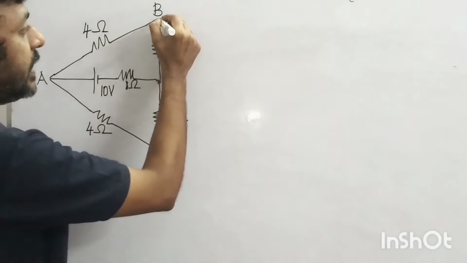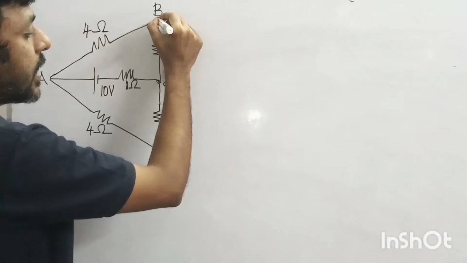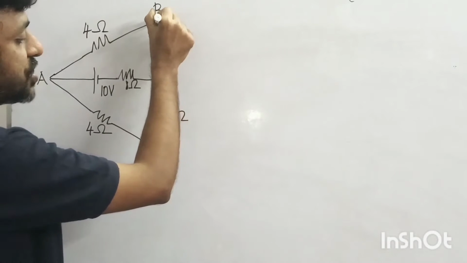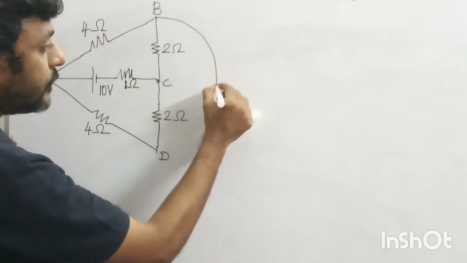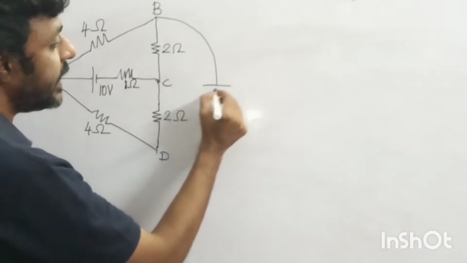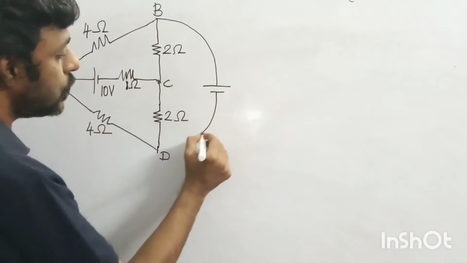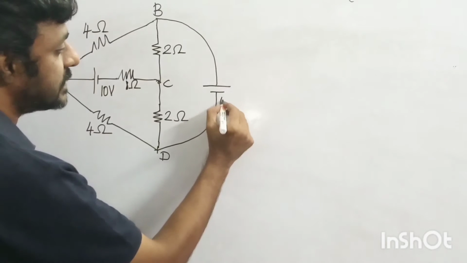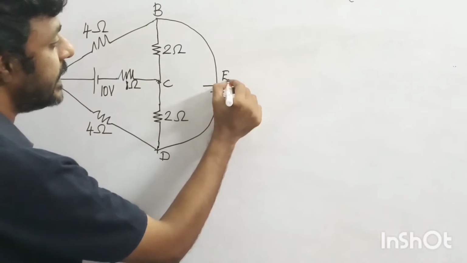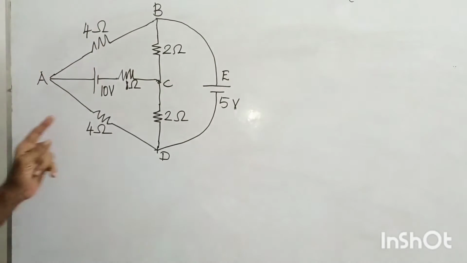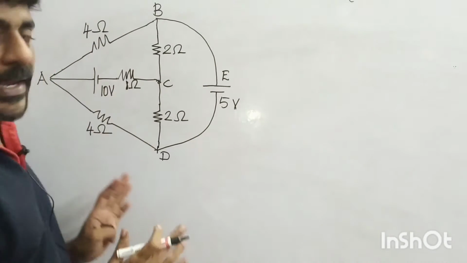Now finally I am connecting the junction B and D with another branch which is having a voltage source of value 5 volts, and I'm naming this point as E. This is the circuit diagram which we are going to analyze.